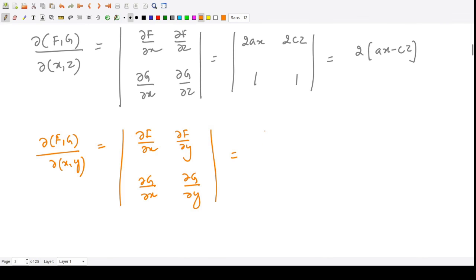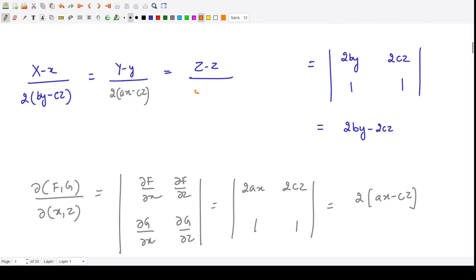So we'll substitute the values: 2ax, 2by, 1 and 1. So when you calculate it, you have 2ax minus by. Okay, so 2ax minus by. So this is the equation of tangent line.